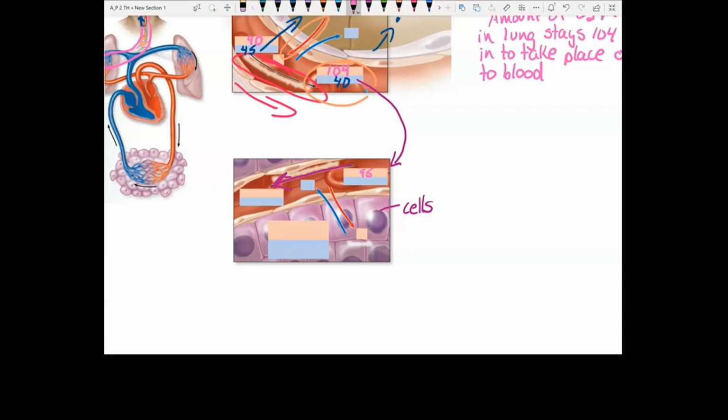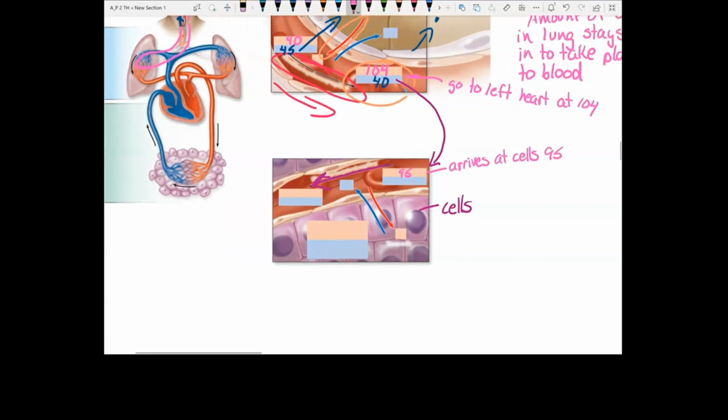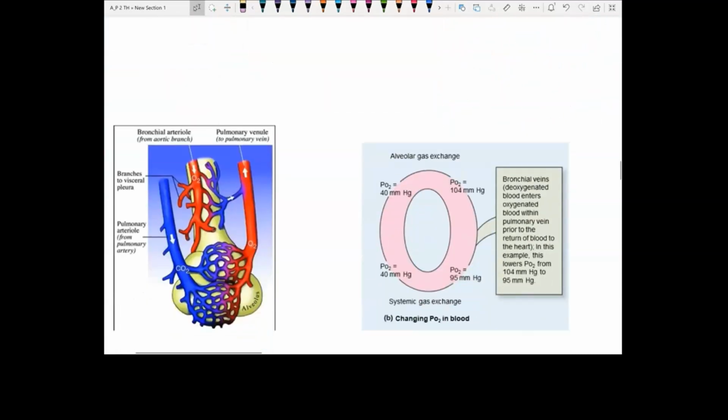You have blood up here leaving the lungs and going to the left side of the heart at 104. But then when it arrives at your cells, it is 95. So what happened in between is that bronchial circulation.